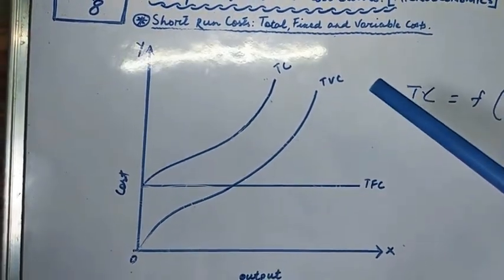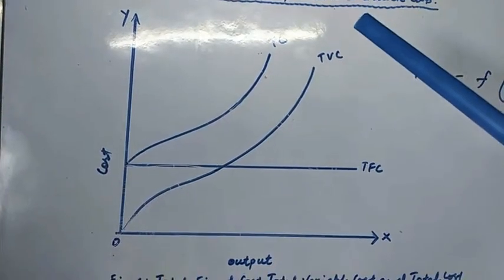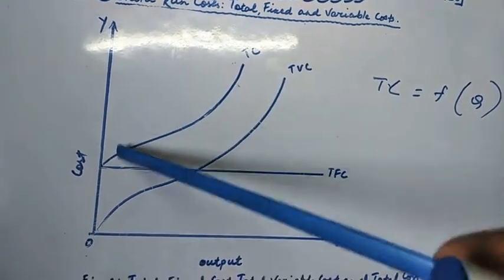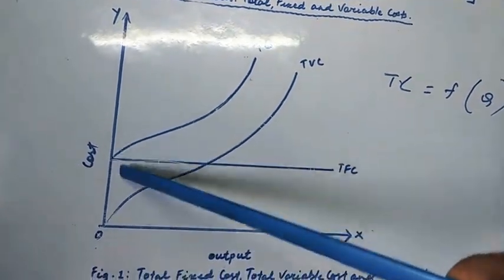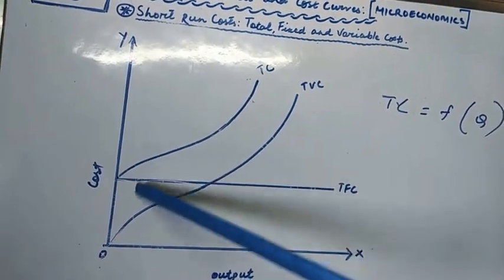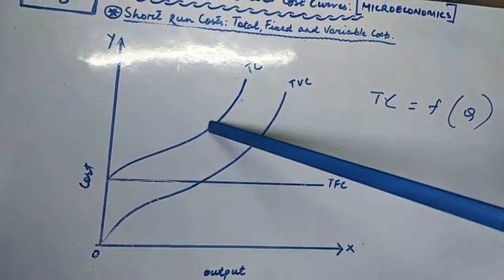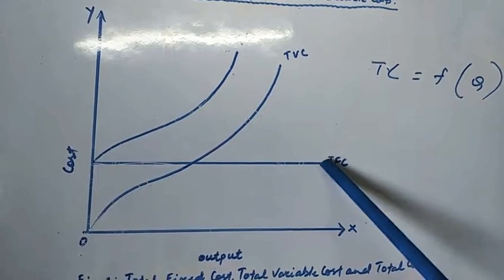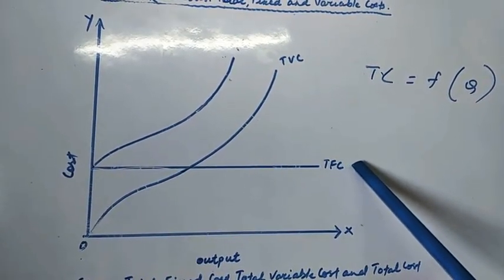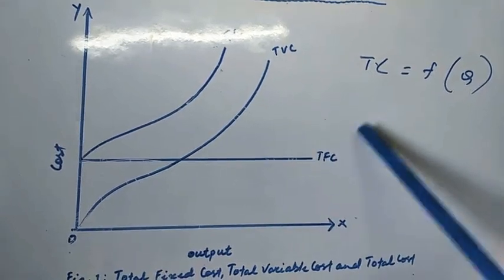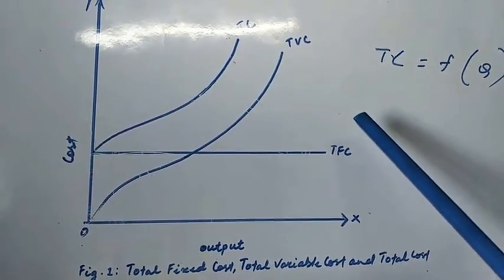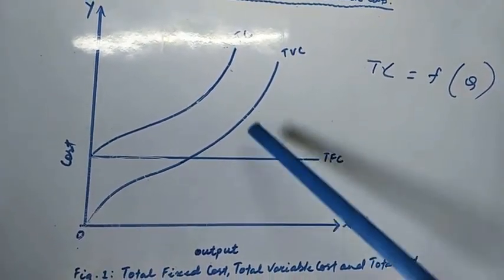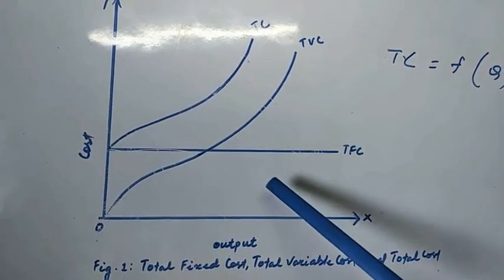The constant distance represents the total fixed cost, which remains unchanged as output is increased in the short run. It indicates that total fixed costs remain unchanged even if output increases.